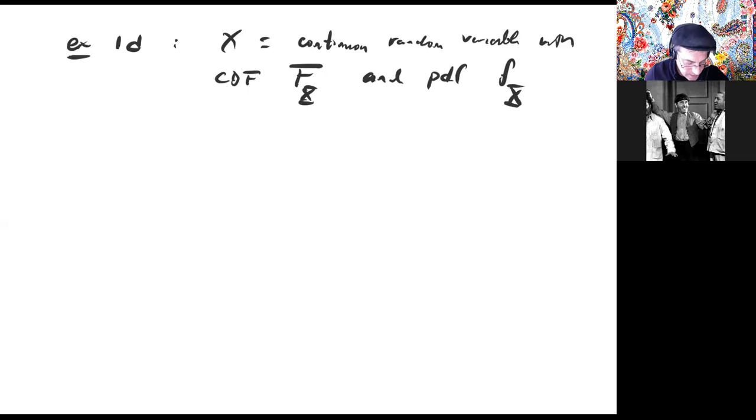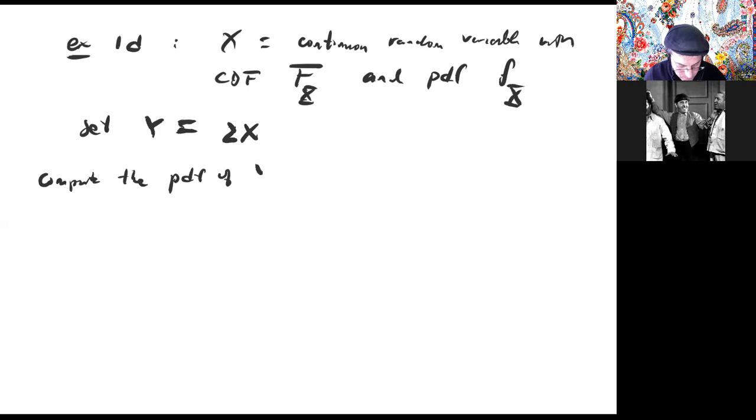And so let's set y equal to 2x. And the problem is compute the PDF of y. So that's the problem.